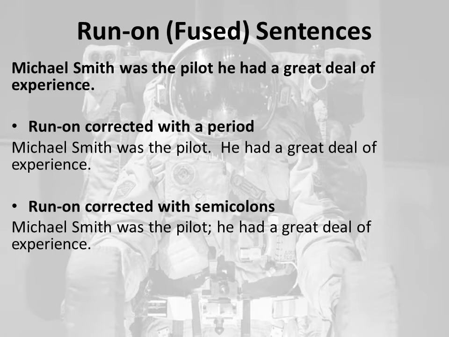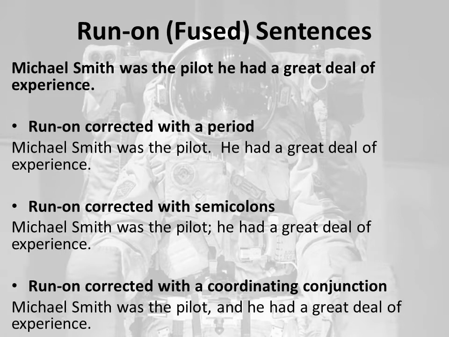Another thing you can do is correct a run-on with semicolons. Look at this: Michael Smith was the pilot; he had a great deal of experience. So a semicolon in this case acts just like a period, but very often if you have a run-on, a semicolon might be closer to what you mean, because it means those two sentences are really related to each other.